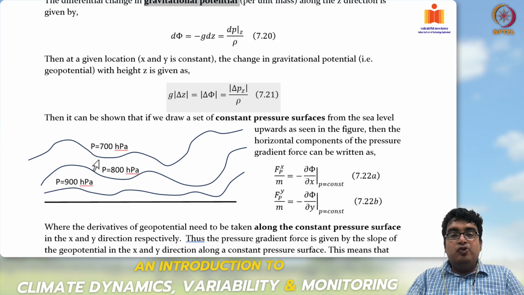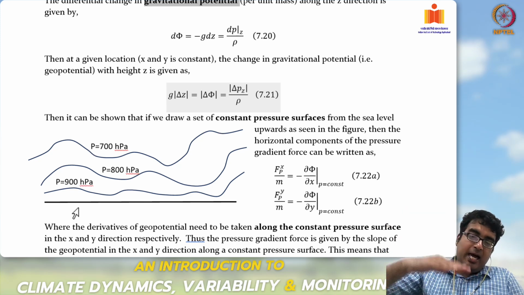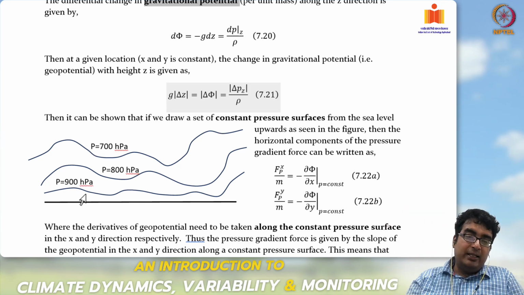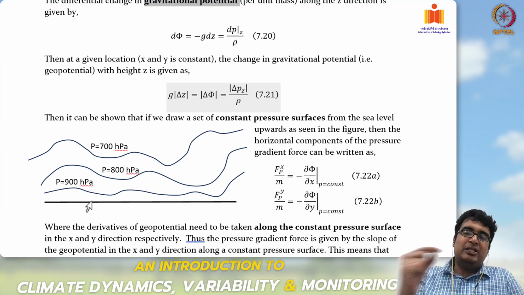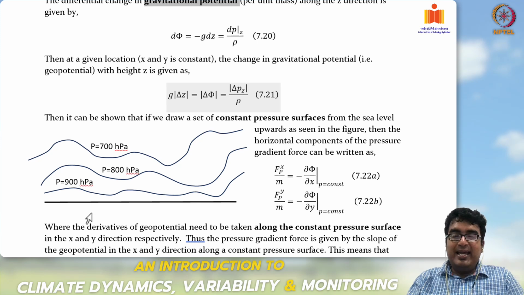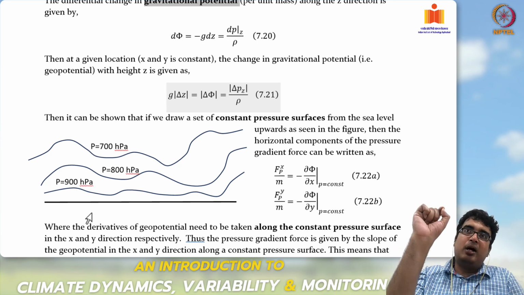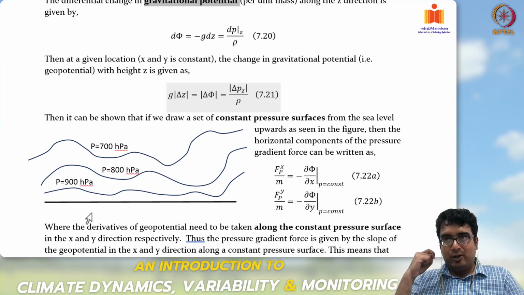Now, if we draw constant pressure surfaces, suppose we have the surface of the earth, at a certain height, we find the pressure is 900 hectopascals. Now we change the location a little bit in either the x or the y direction, and again find the point above the ground where the pressure hits 900 hectopascals.